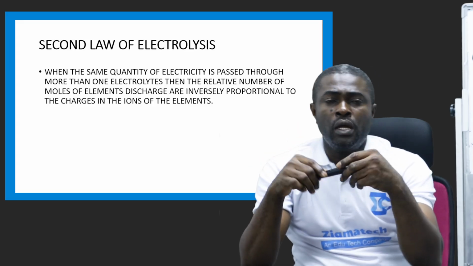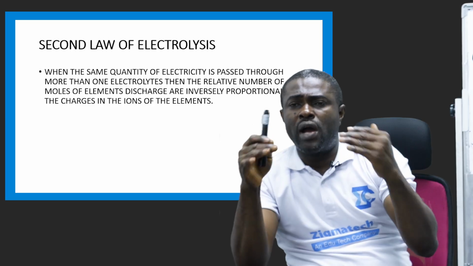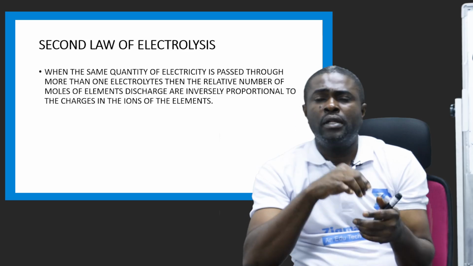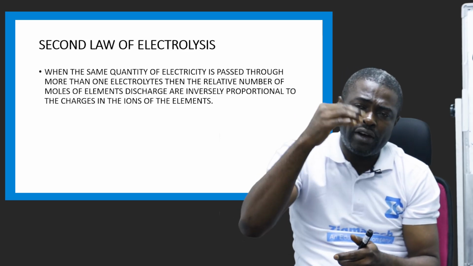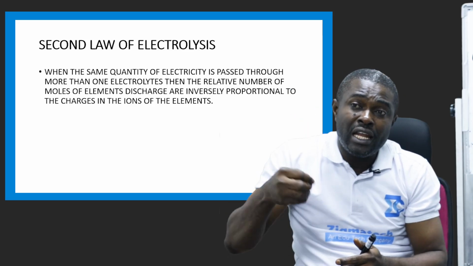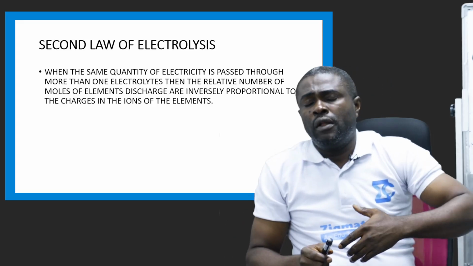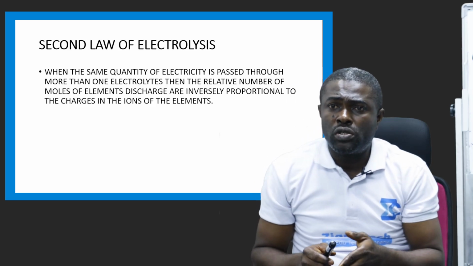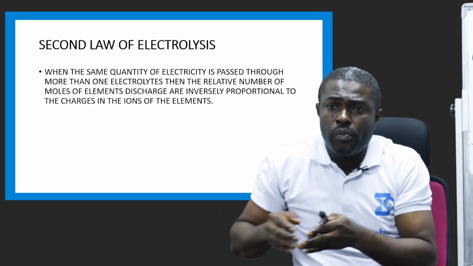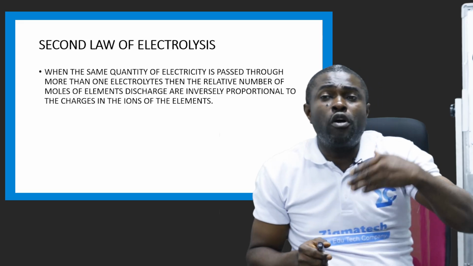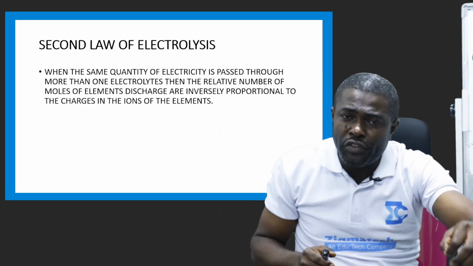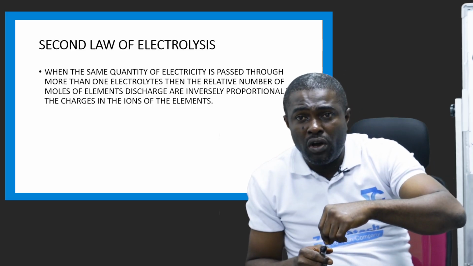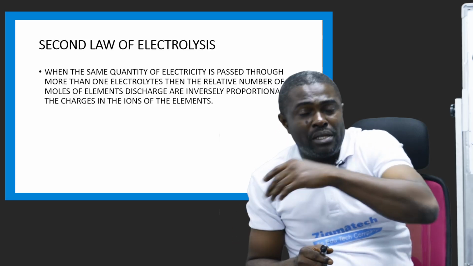He noticed that between the 2 ions, the one that has the higher positive charge will have a lesser mole. That means the relative number of moles of any of them is inversely proportional to the charge in the ions of the element.